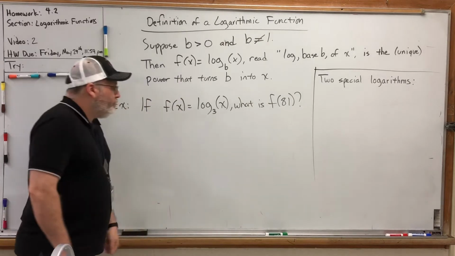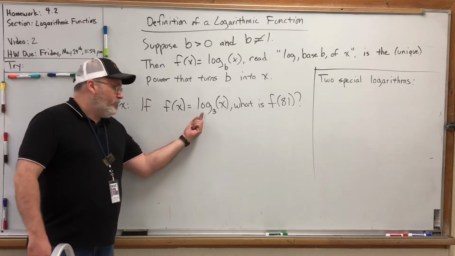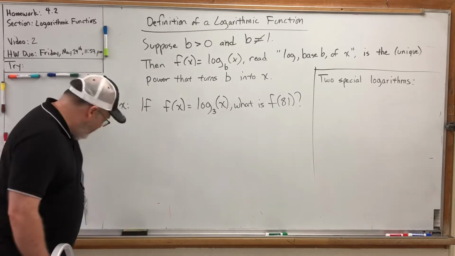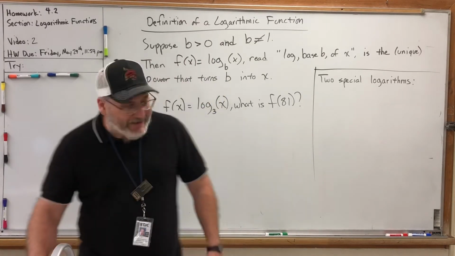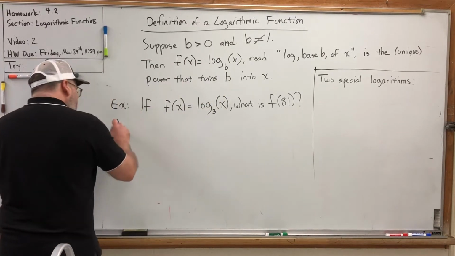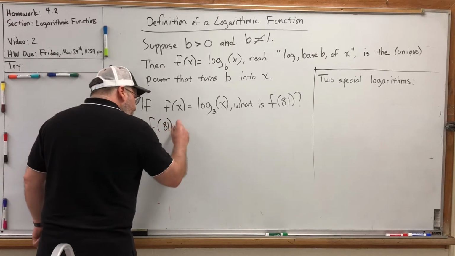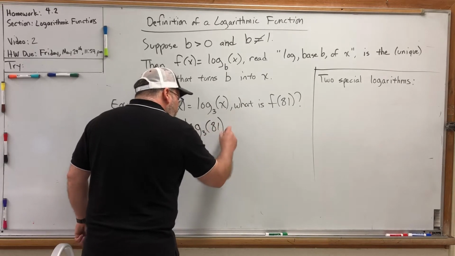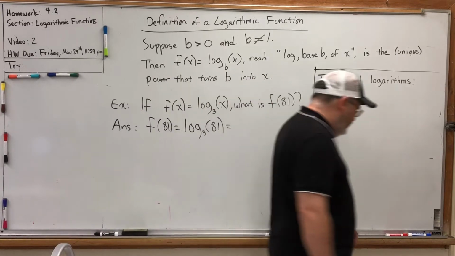So for example, let's take a look at this one. If f of x equals log base 3 of x, what is f of 81? Well, first off, let's substitute the value like we do in any function problem. F of 81 would be log base 3 of 81. Now, what does that equal? Well, what question is it asking?